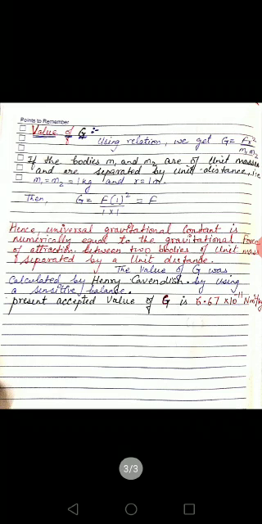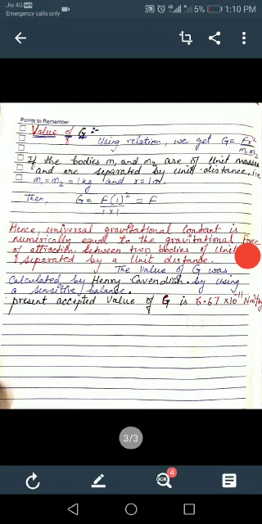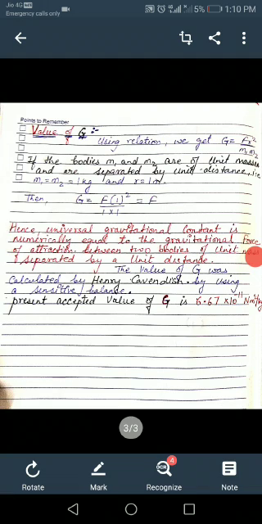Now we will calculate the value of G. Using the relation, we get G equals F r squared over m1 m2. If the bodies m1 and m2 are of unit masses and are separated by a unit distance, that is, m1 and m2 equal to 1 kg and r equal to 1 meter, then the gravitational constant will equal the force.